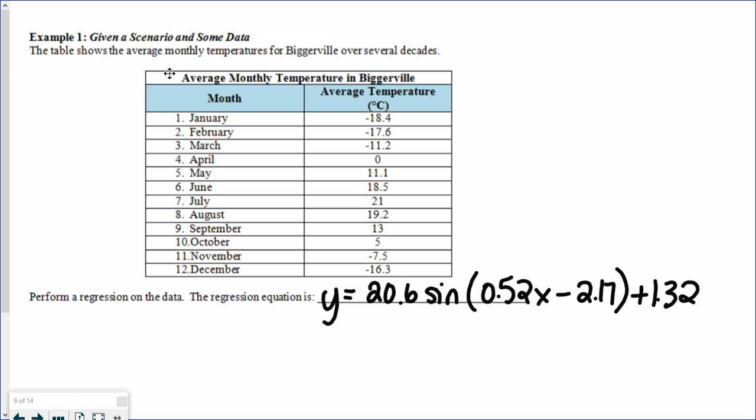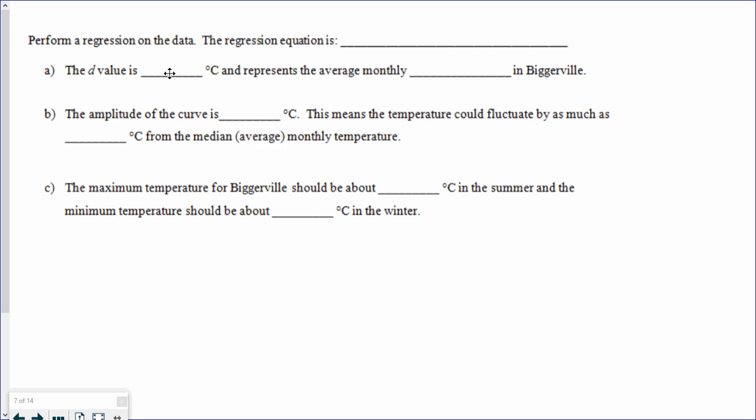So the first question, it says the D value is 1.32. So the D value is 1.32 degrees Celsius and represents the average monthly temperature in Biggerville.